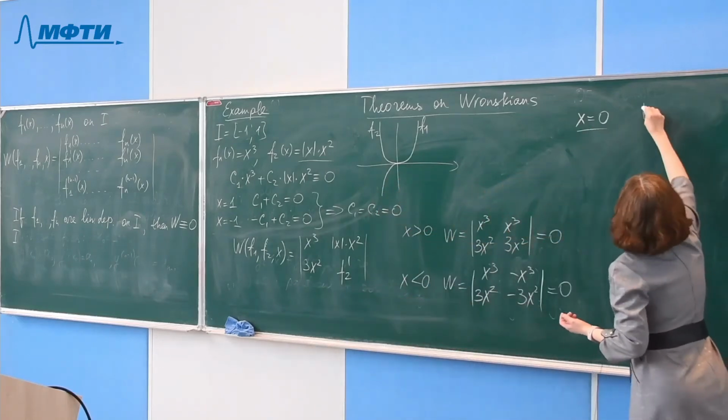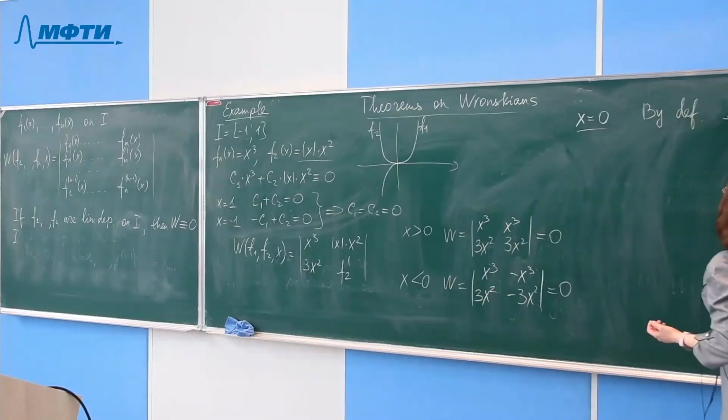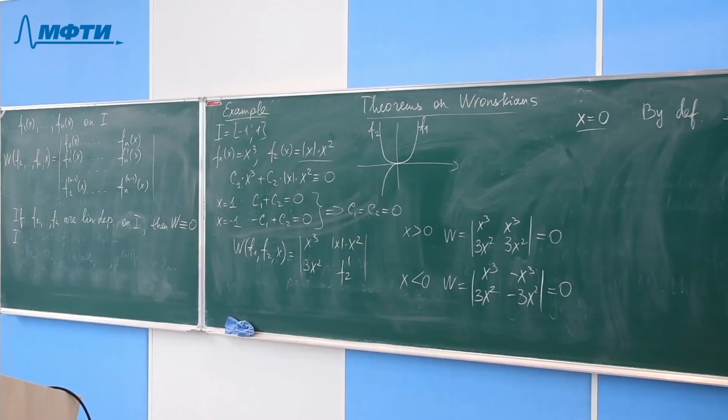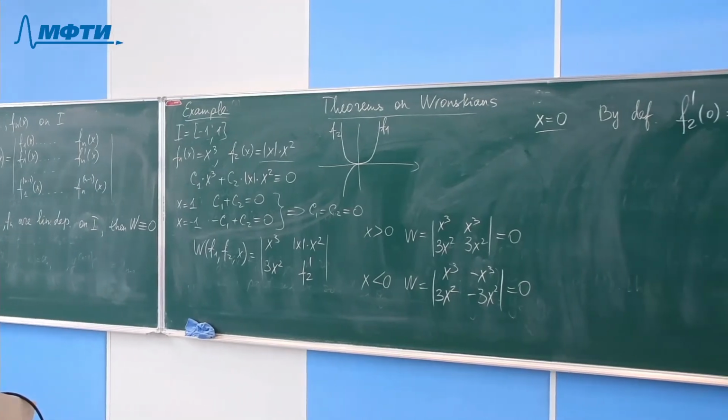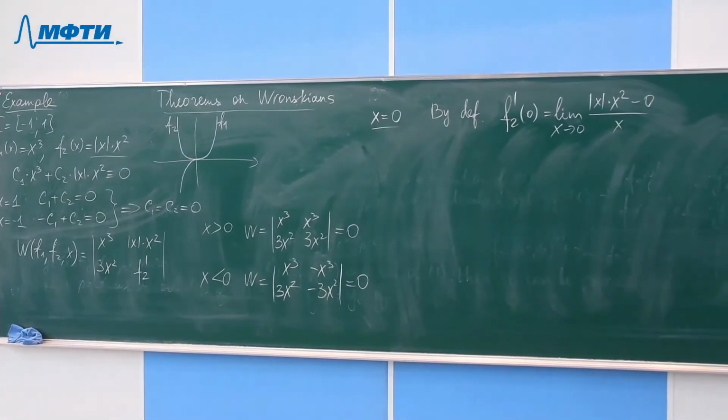So by definition, it is equal to the limit as x approaches 0 of the absolute value of x times x squared minus 0 divided by x. Right? Am I right? What about the definition of the derivative?